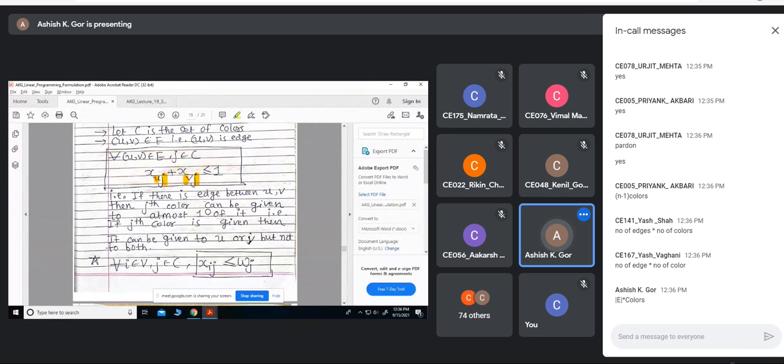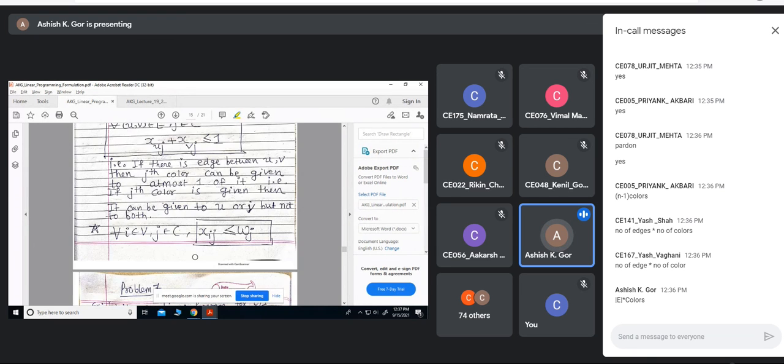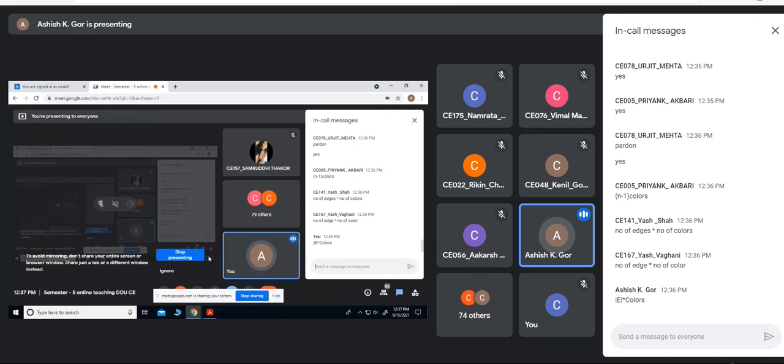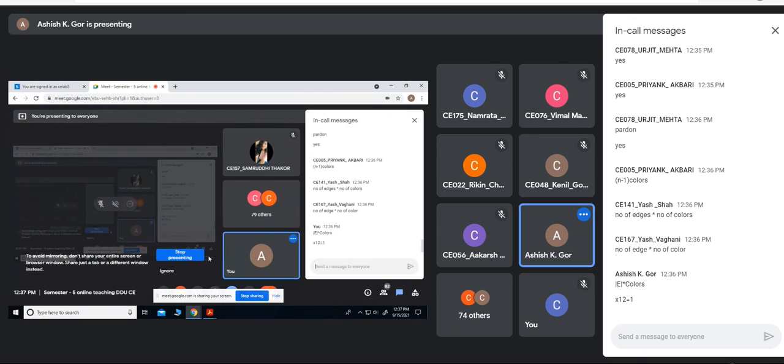And one more thing that we forgot: for every I in the vertex, I is a vertex, and J is a color. Remember, Xij, I is vertex, J is color. Xij should be less than or equal to Wj. Definitely this should be there, right? Because Xij can take 0 or 1, Wj can take 0 or 1. But it should not be like this: X12 is 1 and W2 is 0.